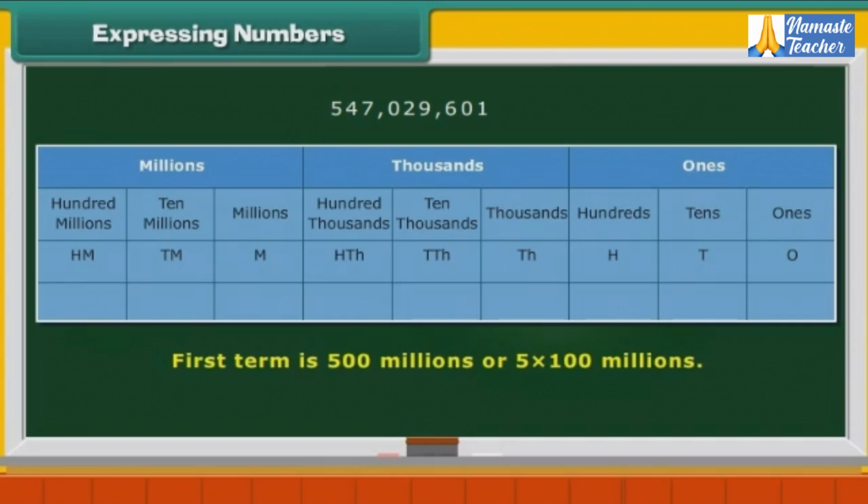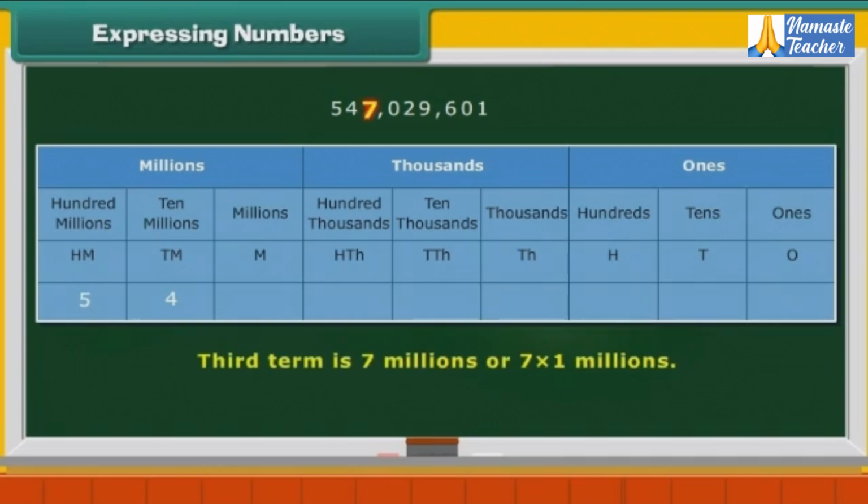Let us look at the terms one by one. First term is 500 millions or 5 into 100 millions. Place 5 under HM. Second term is 40 millions or 4 multiplied by 10 millions. Place 4 under TM. Third term is 7 millions or 7 multiplied by 1 million. Place 7 under M. Fourth term is 20,000 or 2 multiplied by 10,000.